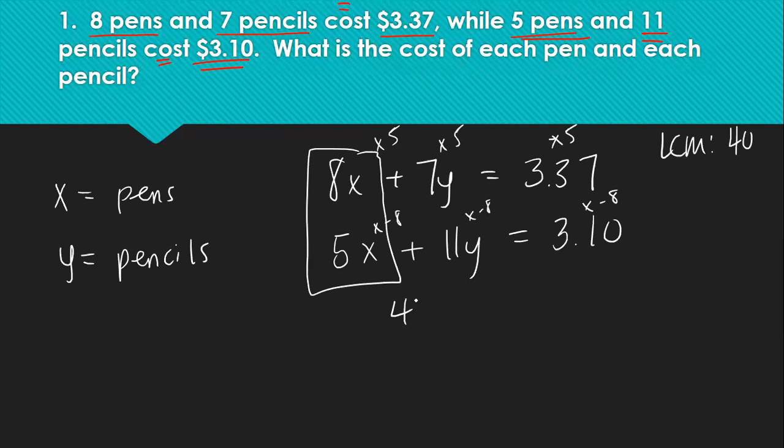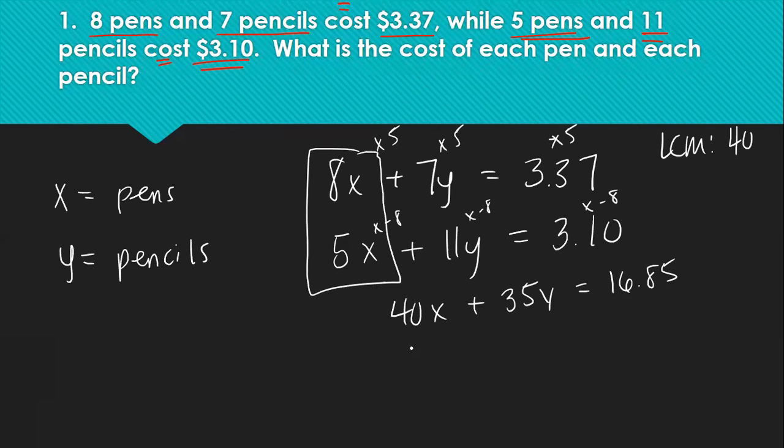So I'm working with 40x plus 35y equals, and 337 times 5 is 1685.